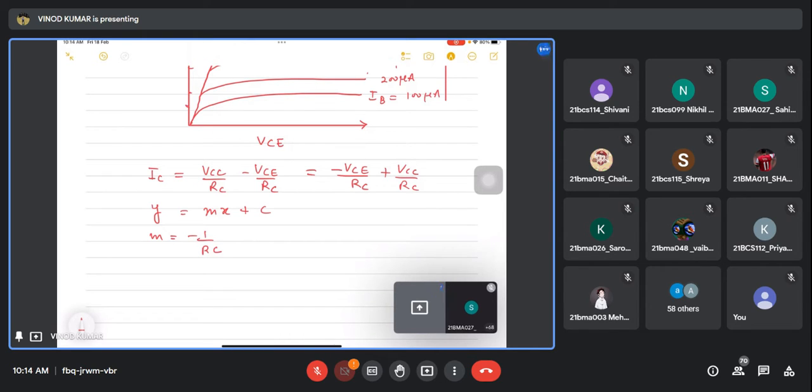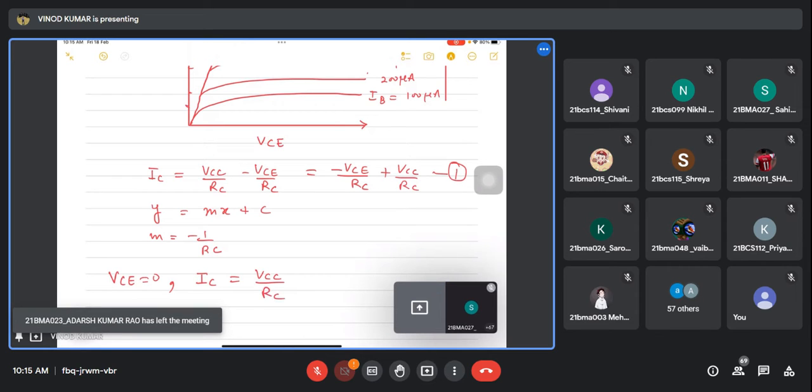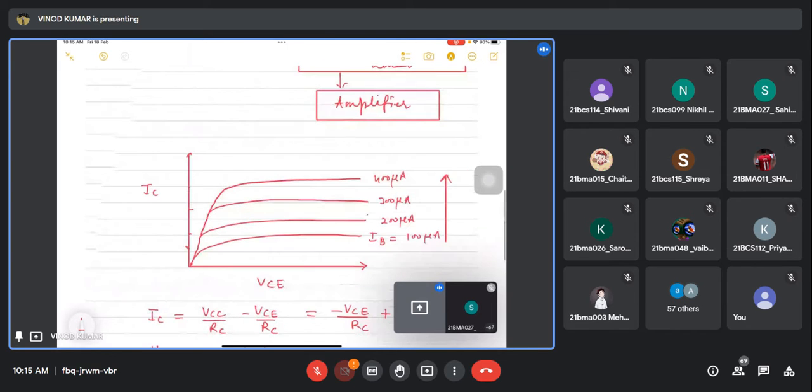And from this equation, when VCE is 0, suppose in equation 1, IC becomes equal to VCC by RC, and if IC is 0, VCE becomes equal to VCC.